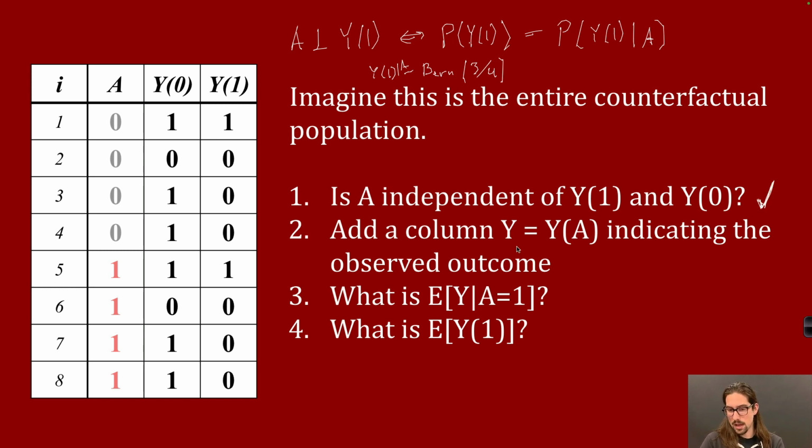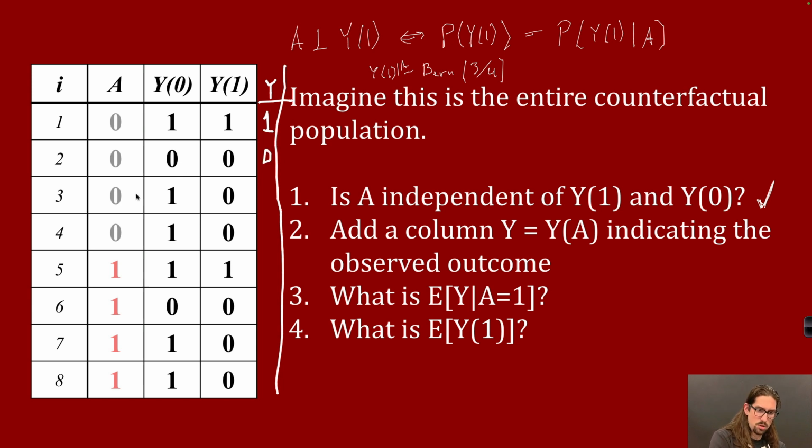So next step, let's add a column indicating the observed outcome here. So I'll just write that here. For this first person, the treatment they got was 0, and so what we see here is the Y0 outcome, which is 1. Next person, their treatment is 0, so we got this 0.